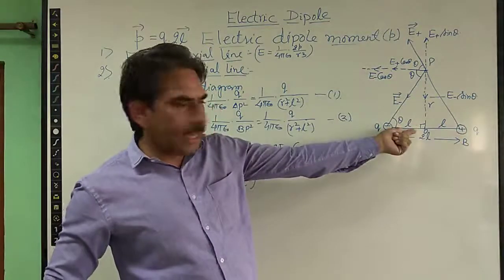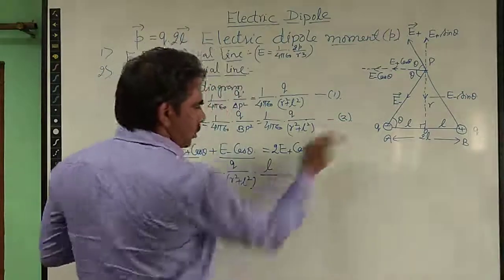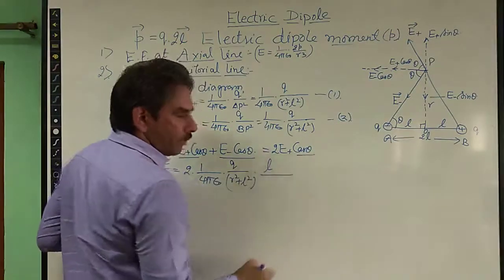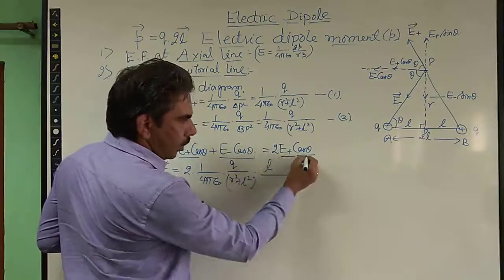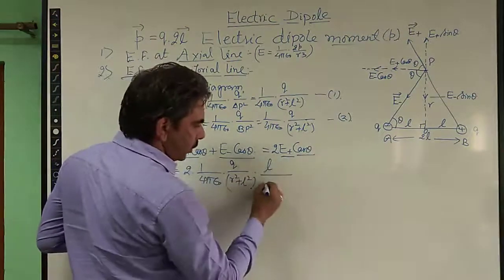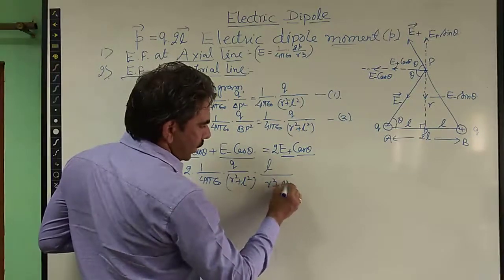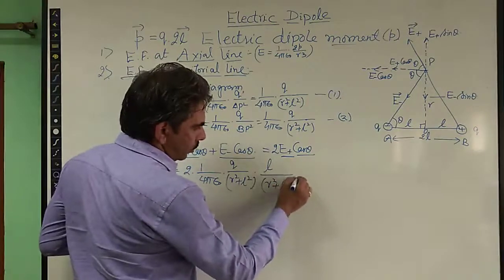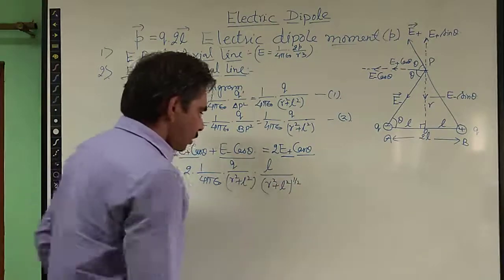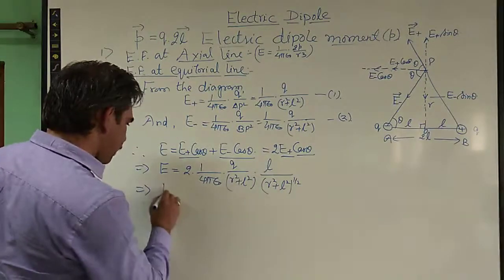The base is L upon the hypotenuse, which is R square plus L square to the power 1 by 2. I am just writing the value of cos theta. We simplify this and find the net electric field.